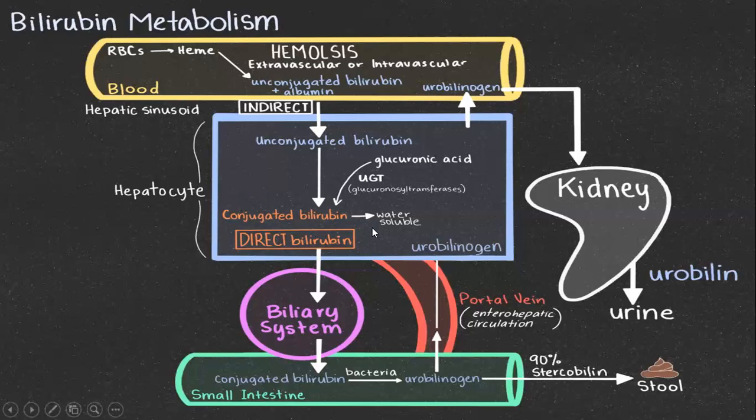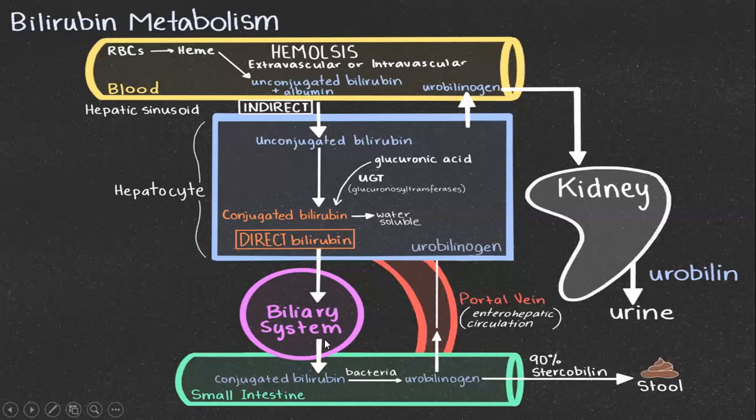And so, your conjugated bilirubin, also known as direct bilirubin or B2, also known as bilirubin diglucuronide, is actually transported into the biliary system, included in the bile.